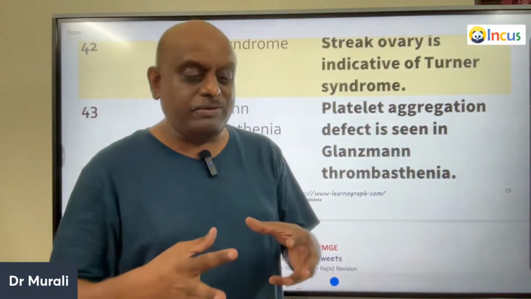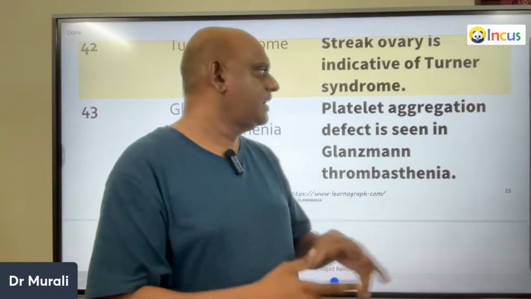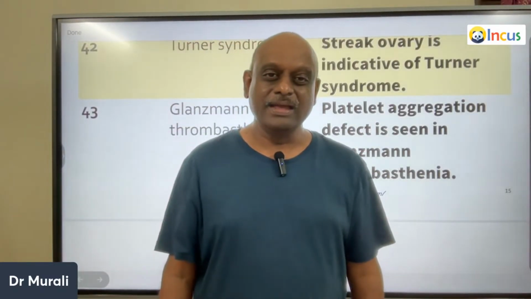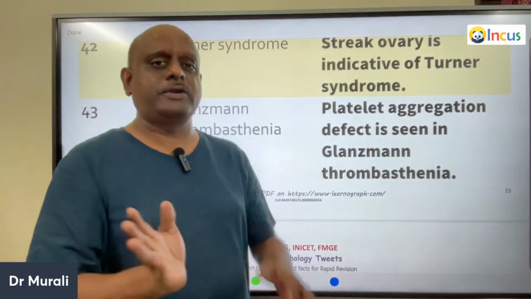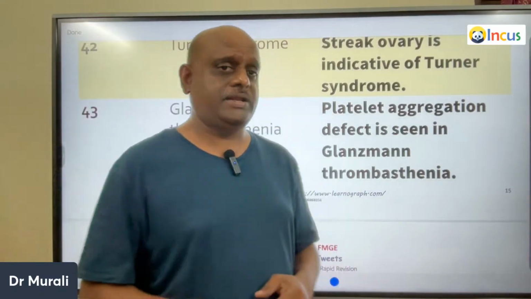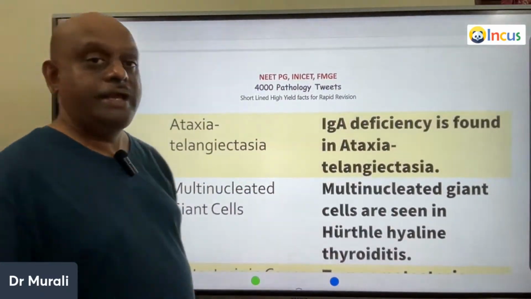So fundamentally the problem of aggregation of the platelets, one platelet to another platelet, is the problem in Glanzmann's thrombasthenia. Whereas the problem of platelets adhering to the vascular endothelium is a problem in the case of von Willebrand disease, and Bernard-Soulier is what you should remember.